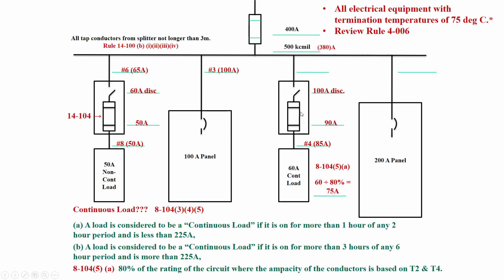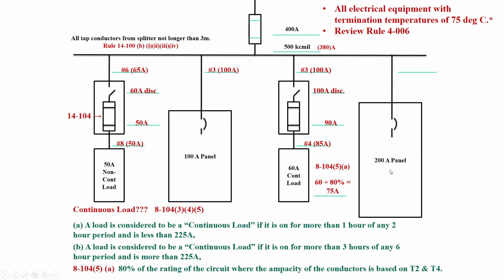It has to be able to handle the load, so minimum 85, but it also has to have the ampacity of our control device that it terminates in. So that means we'd have to bump the size of this tap conductor up to, once again, Table 2, 75-degree column, a number 3 to cover this 100 amps.